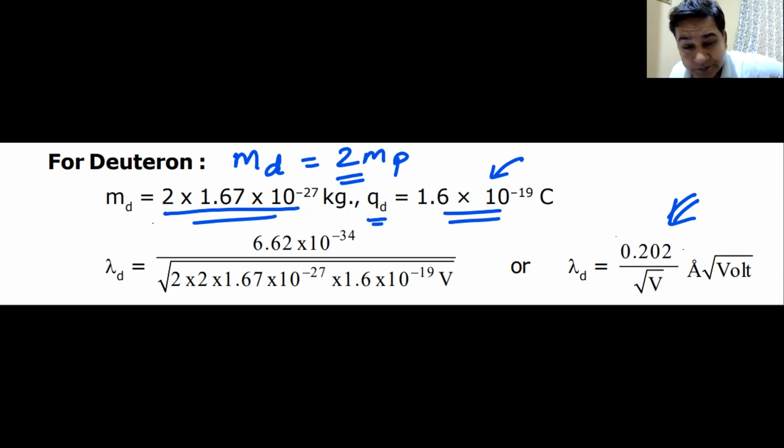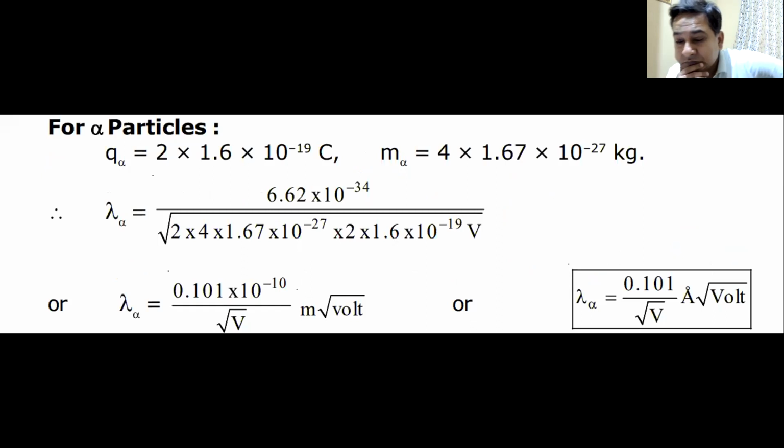They always give it. Now coming to alpha particles, the next heading is alpha particles. Please note it down. How much is the mass of an alpha particle? 4 times the mass of a proton. Will you remember this?